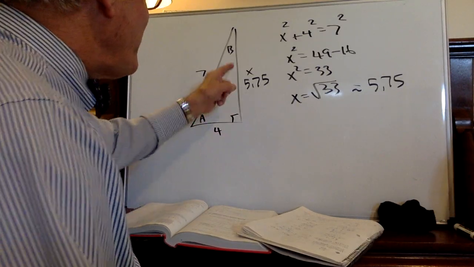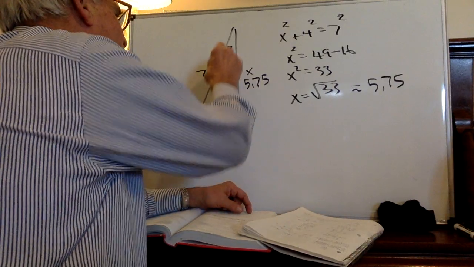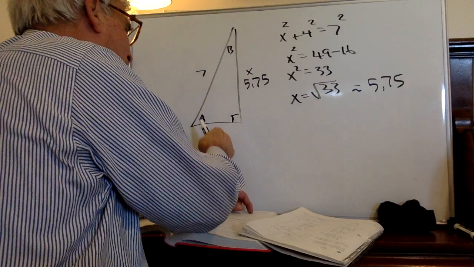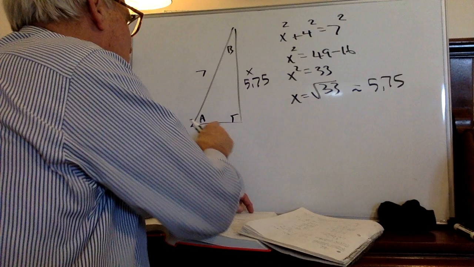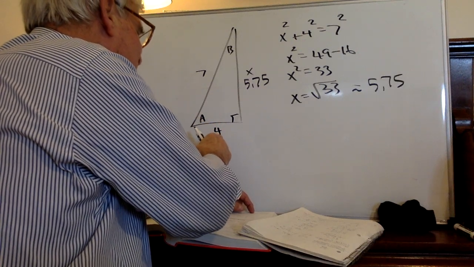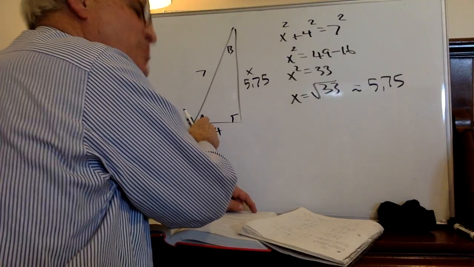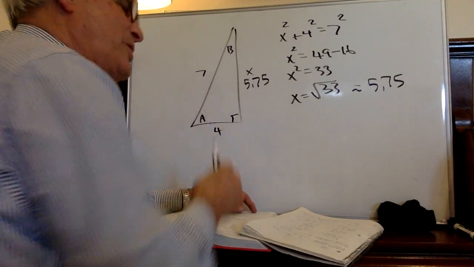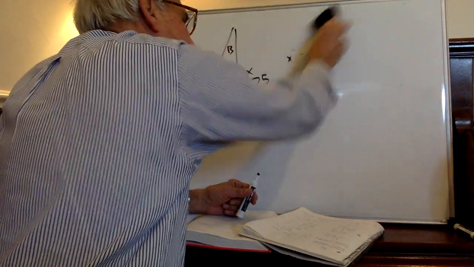But I could have first solved for angle B or angle A. If I wanted to solve for angle B, I've got the opposite side and the hypotenuse, sine. For angle A, I could use cosine, adjacent over hypotenuse, and use my second function key.